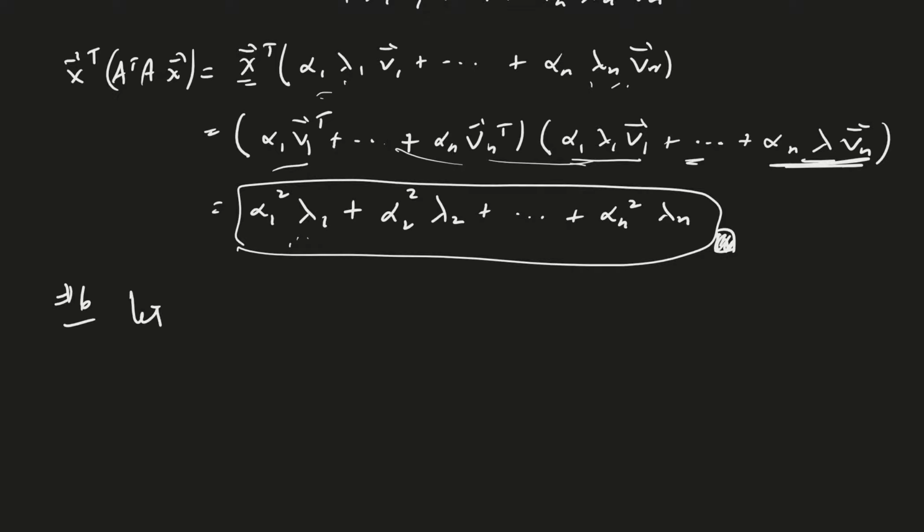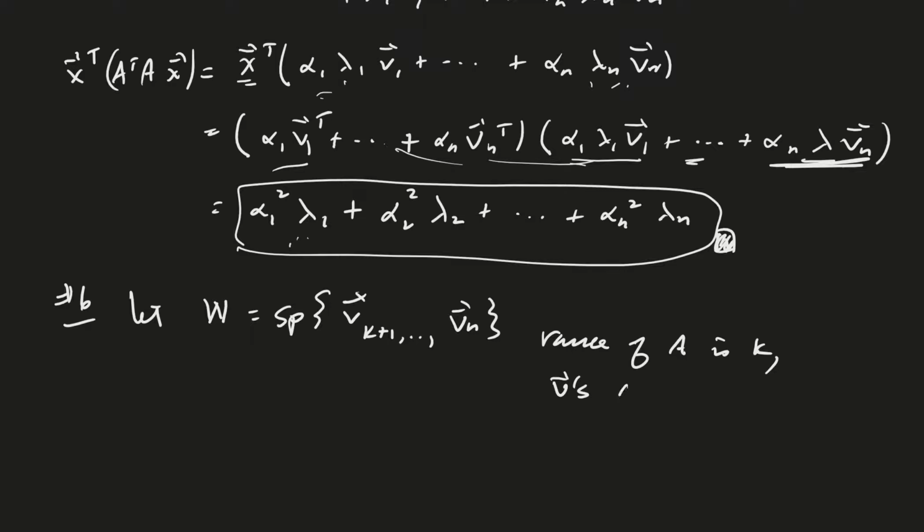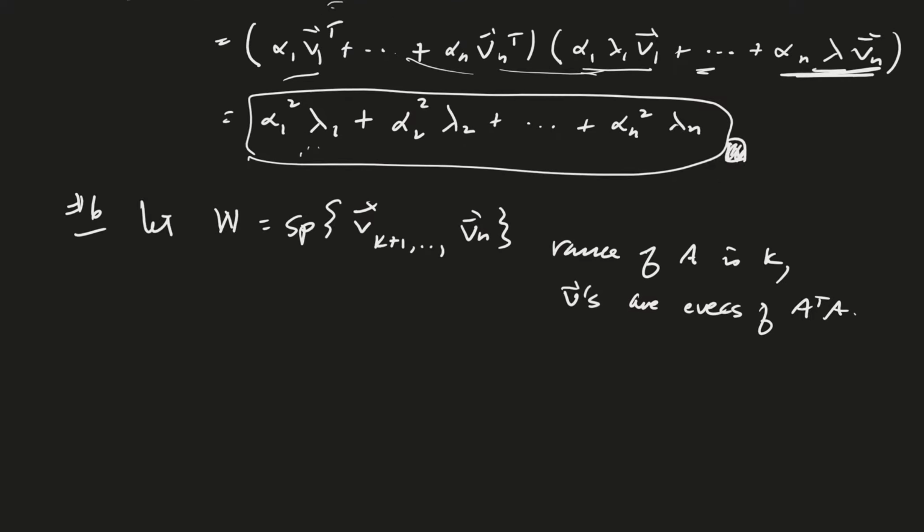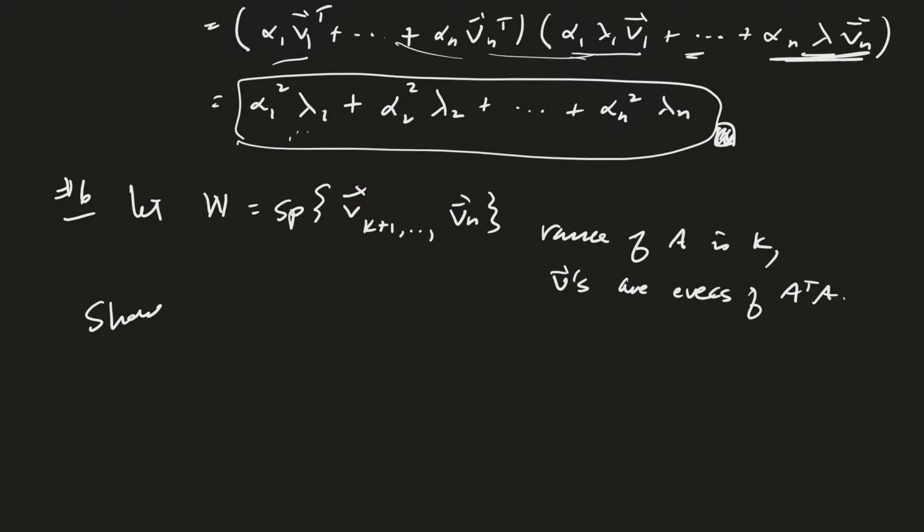So let W be the span of those eigenvectors, but now we're going to run from v k plus 1 up to vn, where the rank of A is k, and the v's, the right singular vectors, are the eigenvectors of A transpose A. What we want to show is that W is actually equal to the null space of A. And so let's see if we can show it both ways.